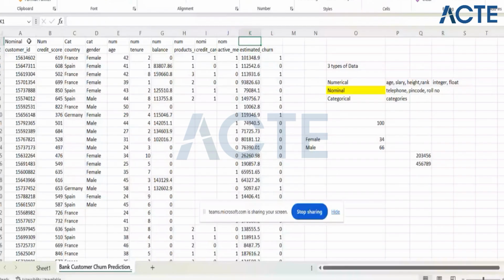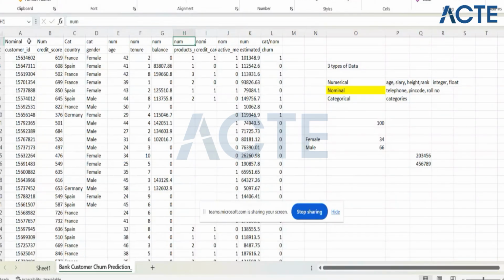Next to that, it is churn. So whether he is going to give back the loan, it is categorical or nominal. You can say both, right? In all these three scenarios, because it is there only for representation purposes, which is going to make categories. One is one, the other is zero, correct?